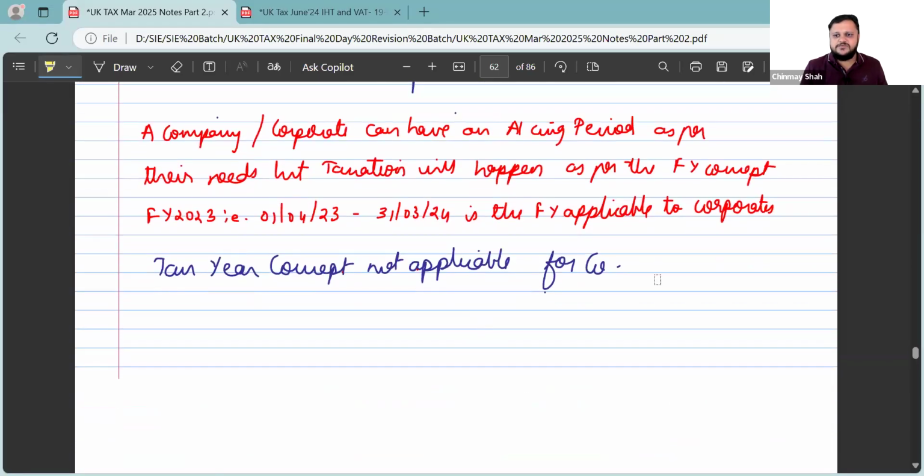Is the corporation tax notes visible to you? Yes, sir.